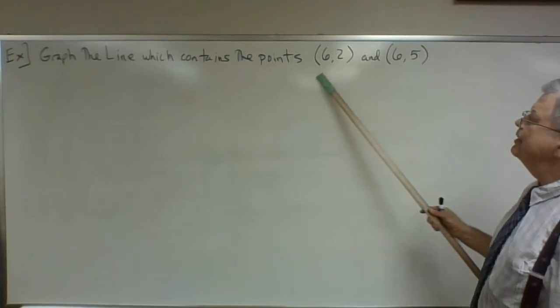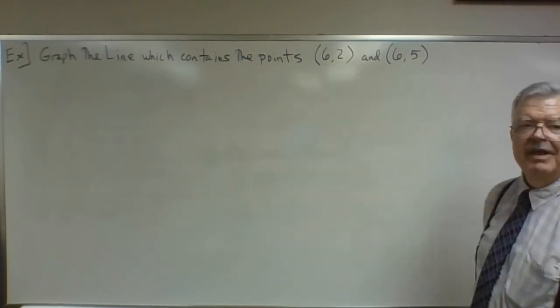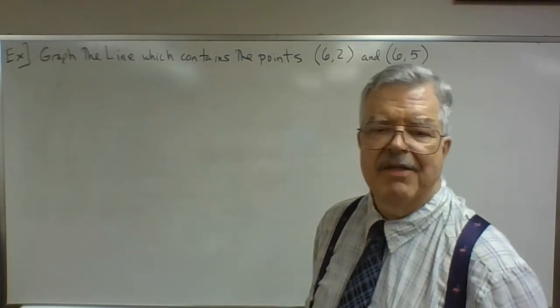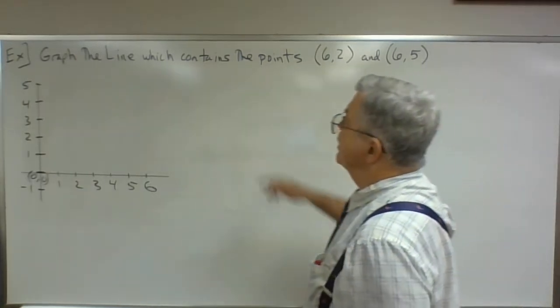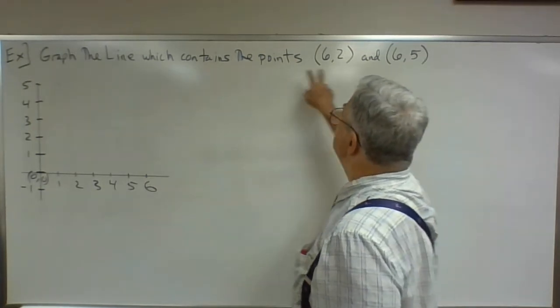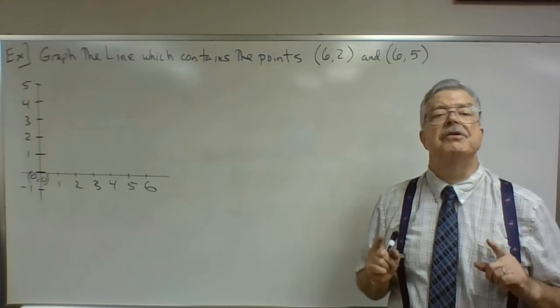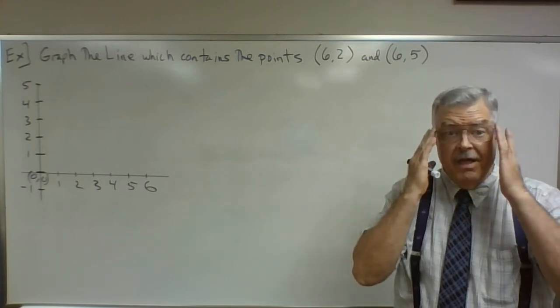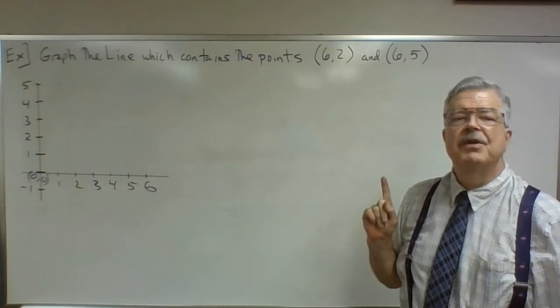Graph the line which contains the points (6, 2) and (6, 5). Okay, I think I can do that. We have two distinct points. Those two distinct points determine uniquely one line.